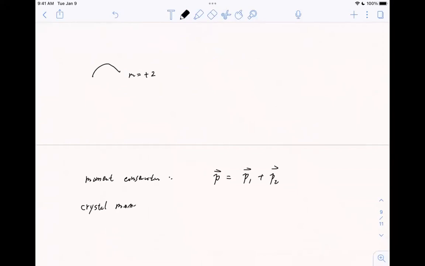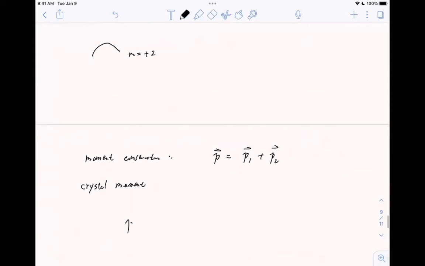You know what crystal momentum is, right? Crystal momentum means this P is equal to P plus any reciprocal lattice vector, times h bar. All these different P are the same thing, because it's a discrete translational symmetry, not continuous.